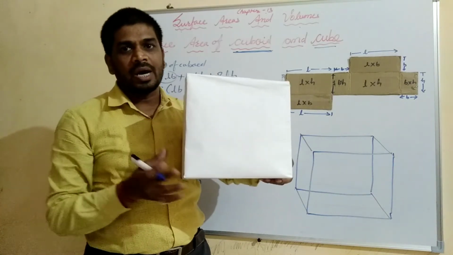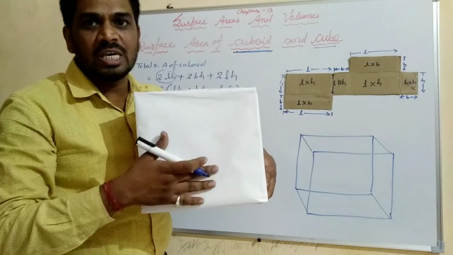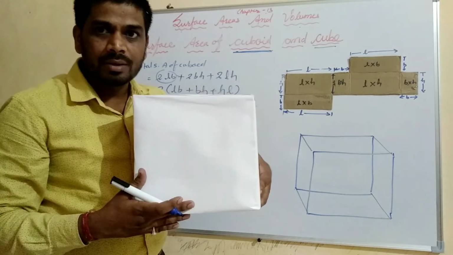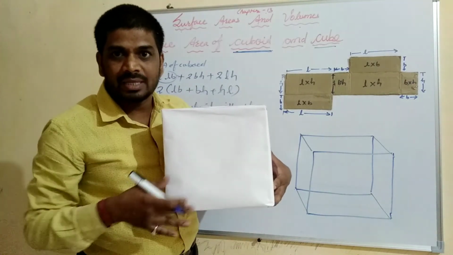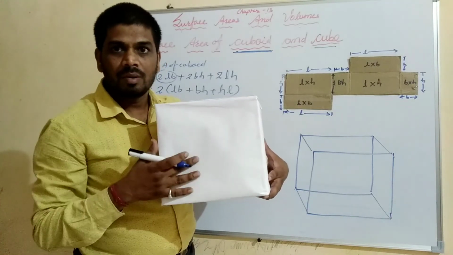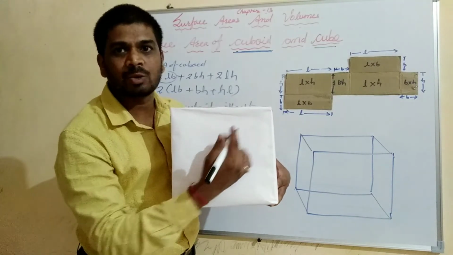If you observe, this face is a square. Why square? Because here length and breadth are equal, which means we can write it as a square.